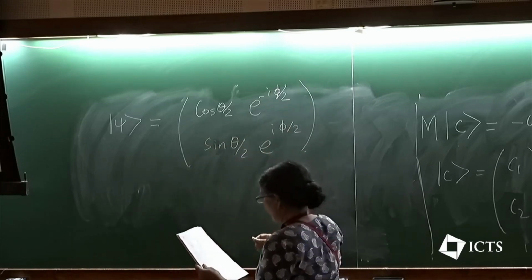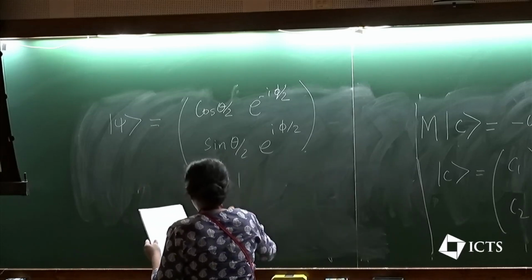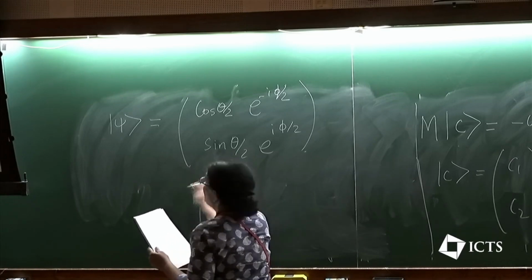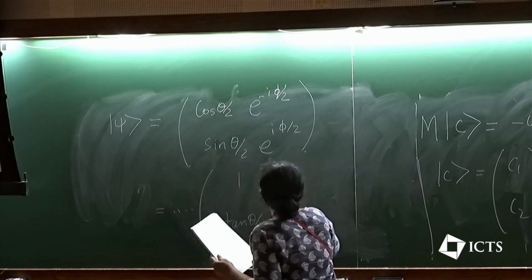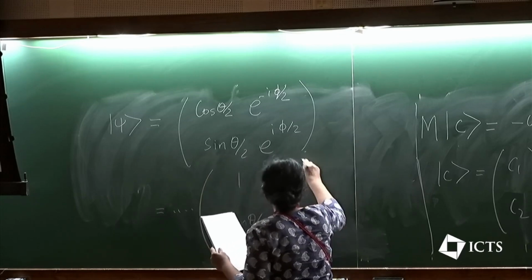Which can be further simplified to make it look like 1, tan theta by 2, I've taken out overall stuff here, e to the i phi, right?